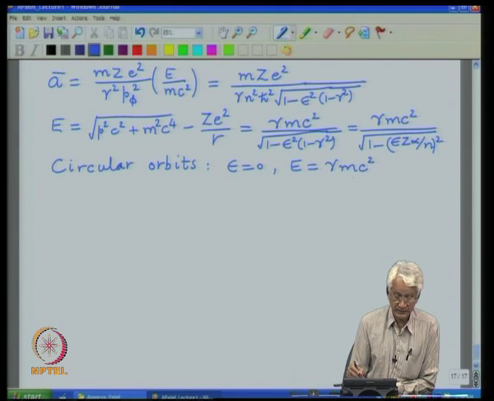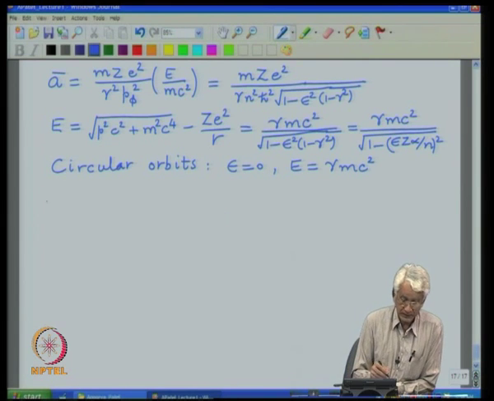Okay. So, now let us plug in all these things back into the formula which defines the radial integral.